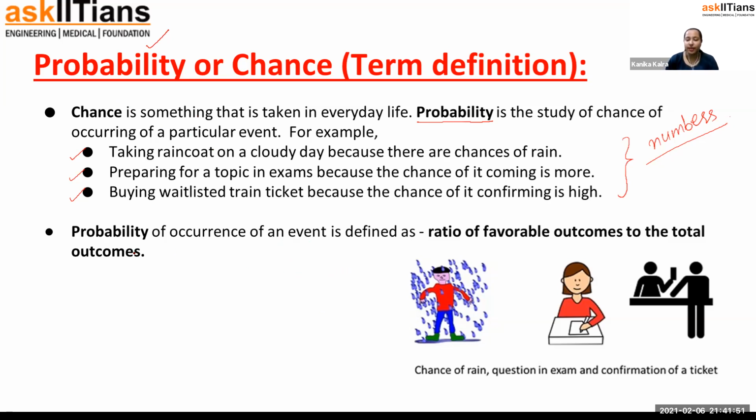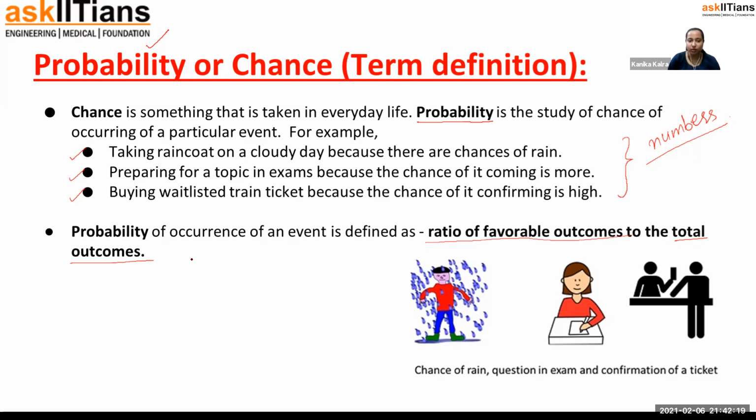So when you relate this definition to math, probability of occurrence of an event is defined as the ratio of favorable outcomes to the total outcomes. Favorable outcome means, let's say we want that it should rain. There are only two chances, either it will rain or it will not.